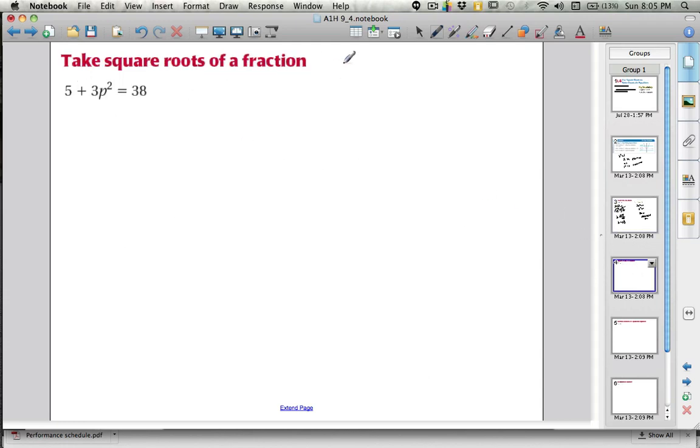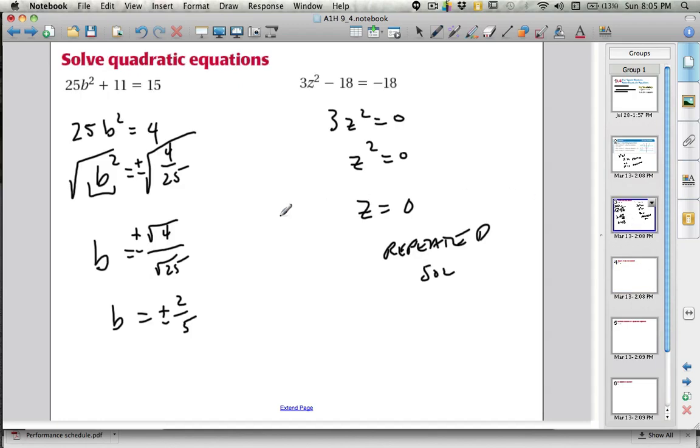It was very convenient here that every time we took square roots of perfect squares. So 4 is a perfect square, 25 is a perfect square, 0 is a perfect square. So a perfect square is the square of a number. And when you have the square of a number, it simplifies to be an integer when you take the square root.